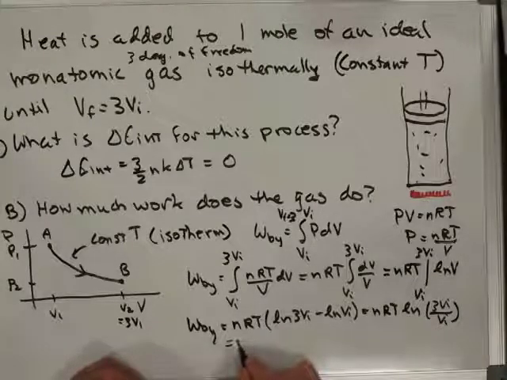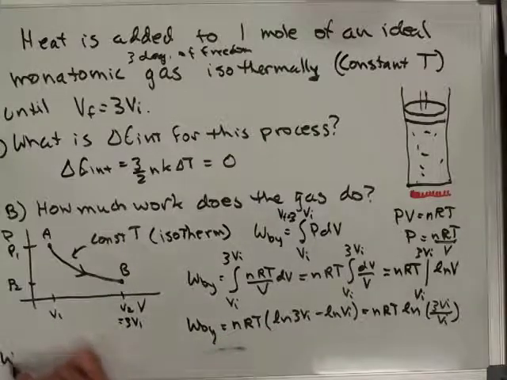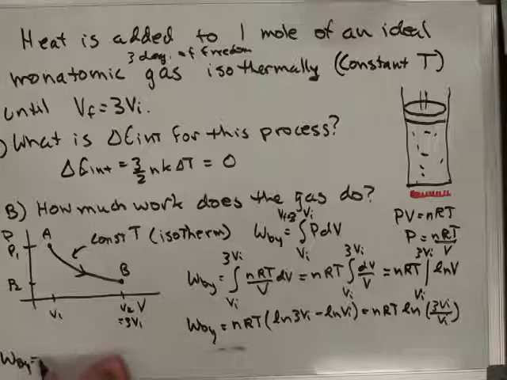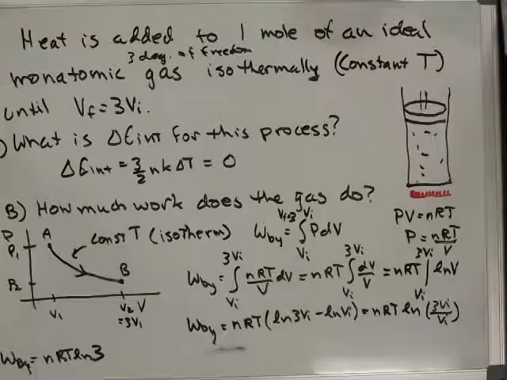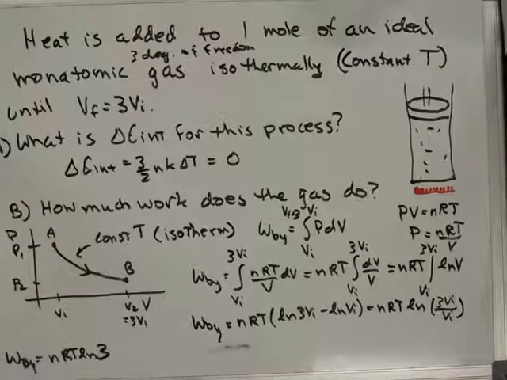which is equal to, let me write it back here, work by equals nRT times the log of 3. Hopefully I got all that on there. I think I did. Right?